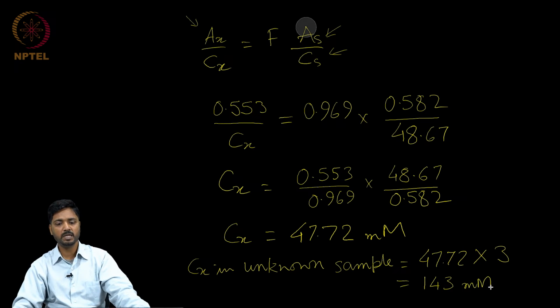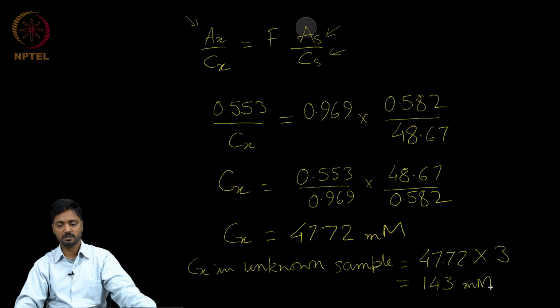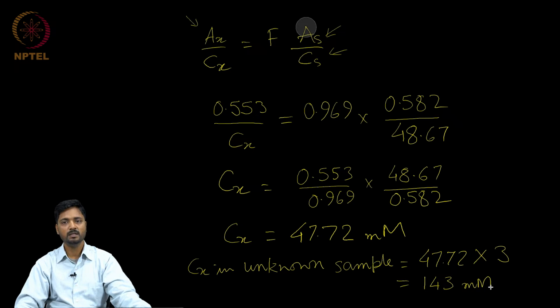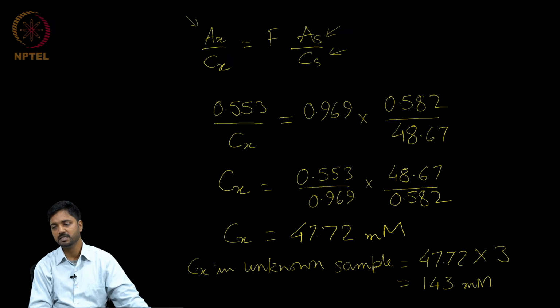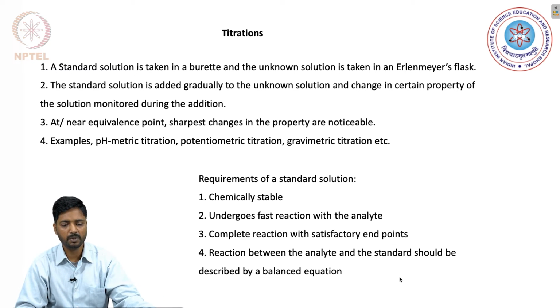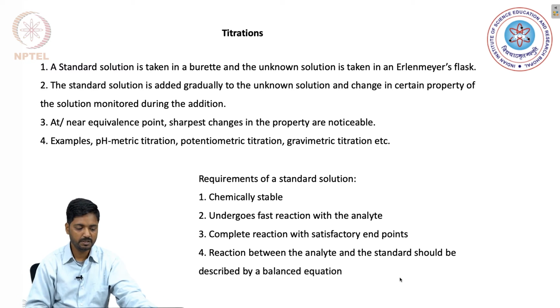So here we see how we have utilized the response or the signal coming from our standard and compared that with the response coming from an unknown sample to calculate the concentration of the analyte in the unknown sample. Now let us go back to the presentation, start talking about titrations.